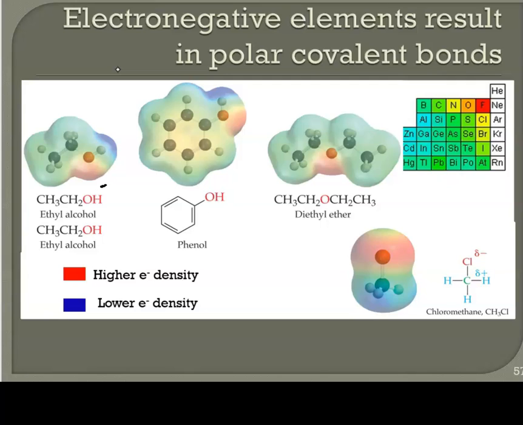So you can see with ethyl alcohol here, this region, that oxygen is going to have a higher density of electrons. You can see that with a red color there. Whereas this blue spot is going to be kind of colder, lower electron density. That means that there is more positive charge in that. So that's the partial positive, partial negative of that ethyl alcohol.